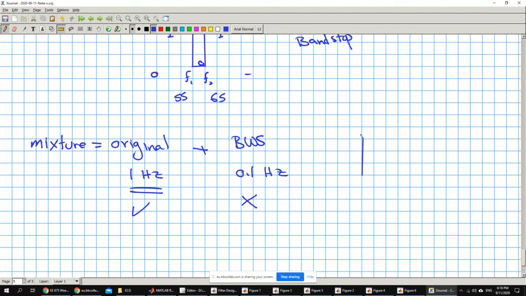This is the frequency axis. If you put the cutoff at around 0.5 hertz, the 1 hertz will be here and the 0.1 hertz will be here. So this will be gone, and this will be preserved. Is that clear?